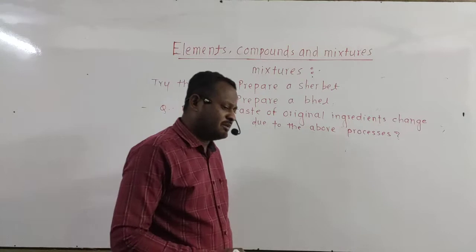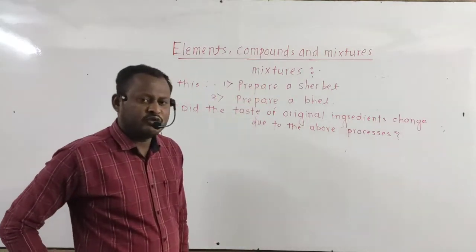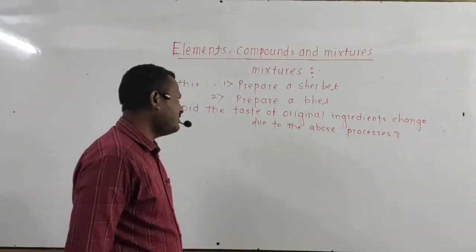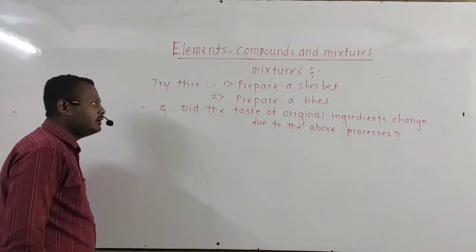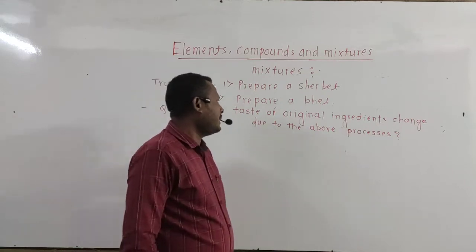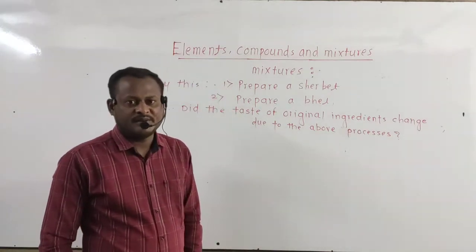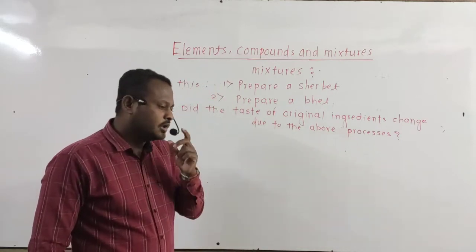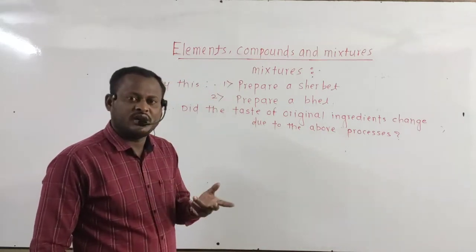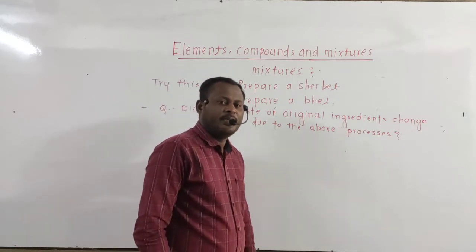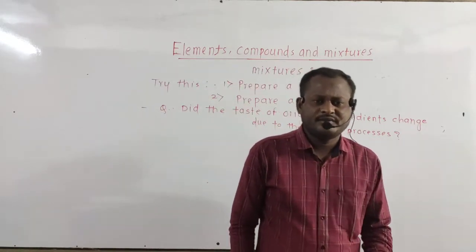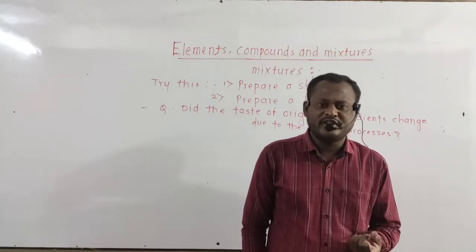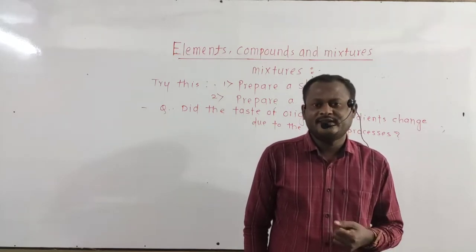For preparing sharbat and bhel, we use different things, different substances. For preparing sharbat, we use water, sugar, lemon. Somebody can mix other things also, like some quantity of NaCl, that is salt.